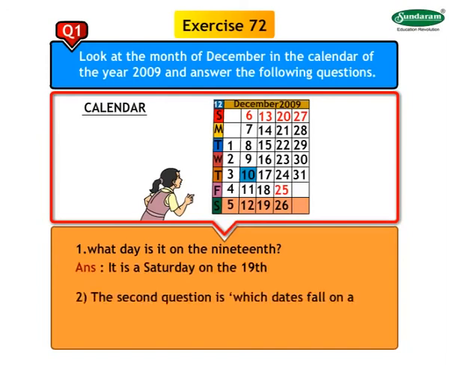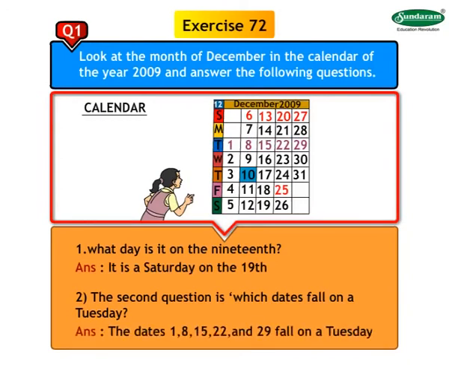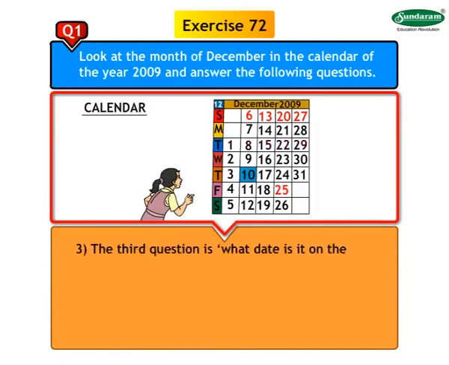Thus, the answer is, it is a Saturday on the 19th. 2. Which dates fall on a Tuesday? Seeing the calendar, it is clear that the numbers 1, 8, 15, 22, 29 are written against T for Tuesday. Thus, the dates 1, 8, 15, 22 and 29 fall on a Tuesday. 3.